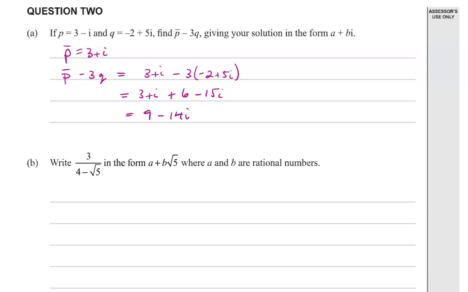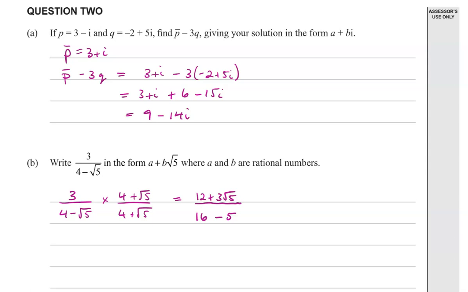For part B, we've got a complex number that's not been written in its best form. We want to turn it into a plus b root 5, so put it in the normal way that we're used to handling complex numbers. So we first of all need to rationalize the denominator. So times it by 4 plus root 5, and actually I just realized I was talking about complex numbers. This one actually isn't even a complex number, we're just working with surds and tidying it up.